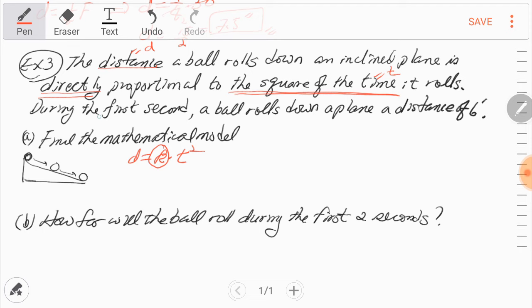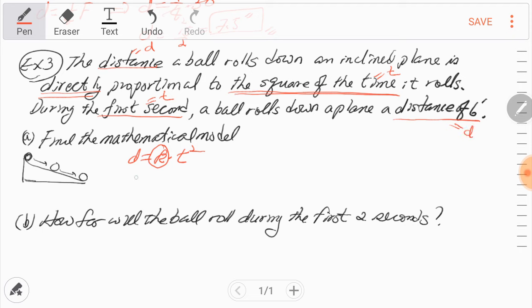Okay, during the first second, the value of t is 1. And then from here t equals 1, and the ball rolls down the plane a distance of 6 feet. So this 6 feet is the value of the distance.